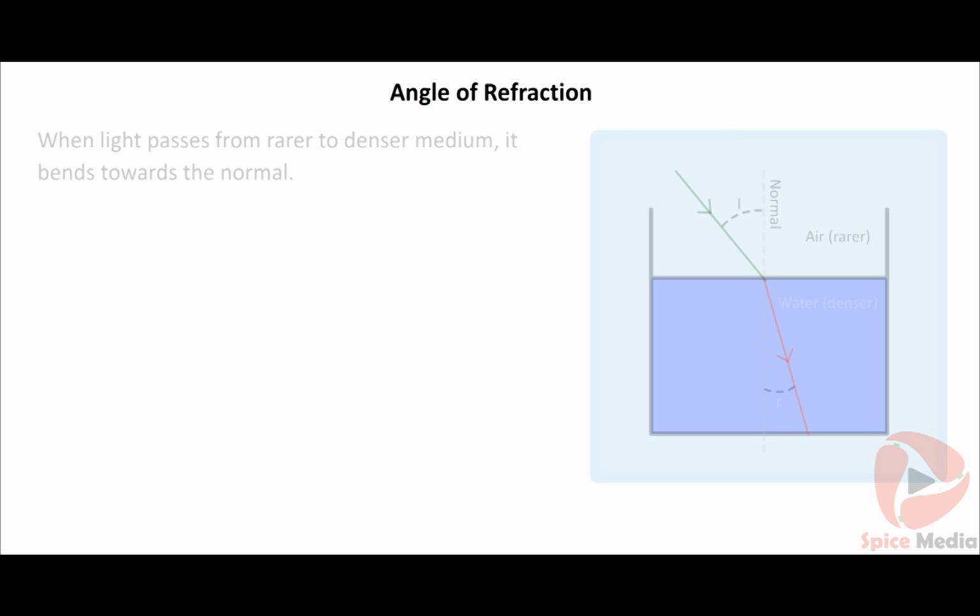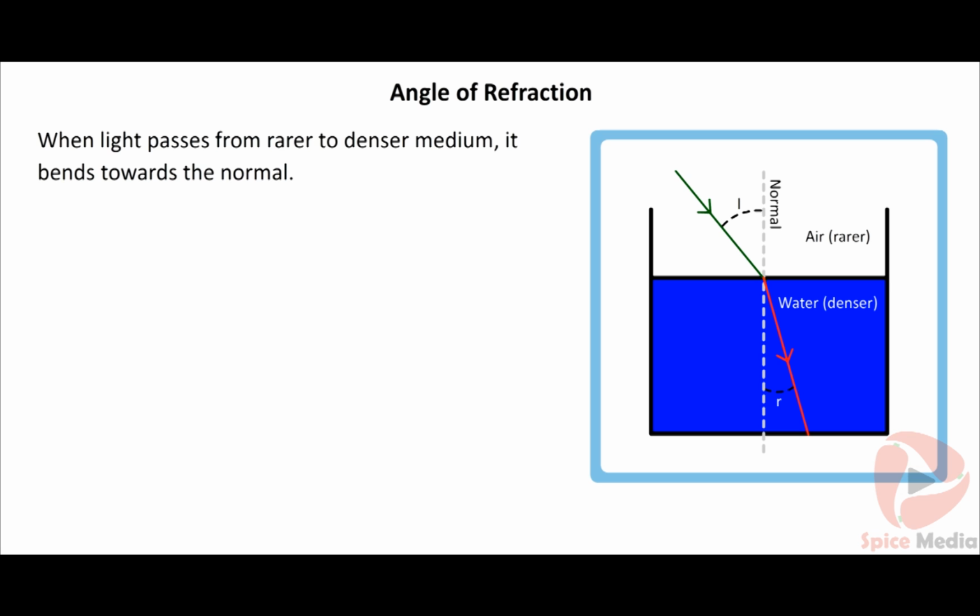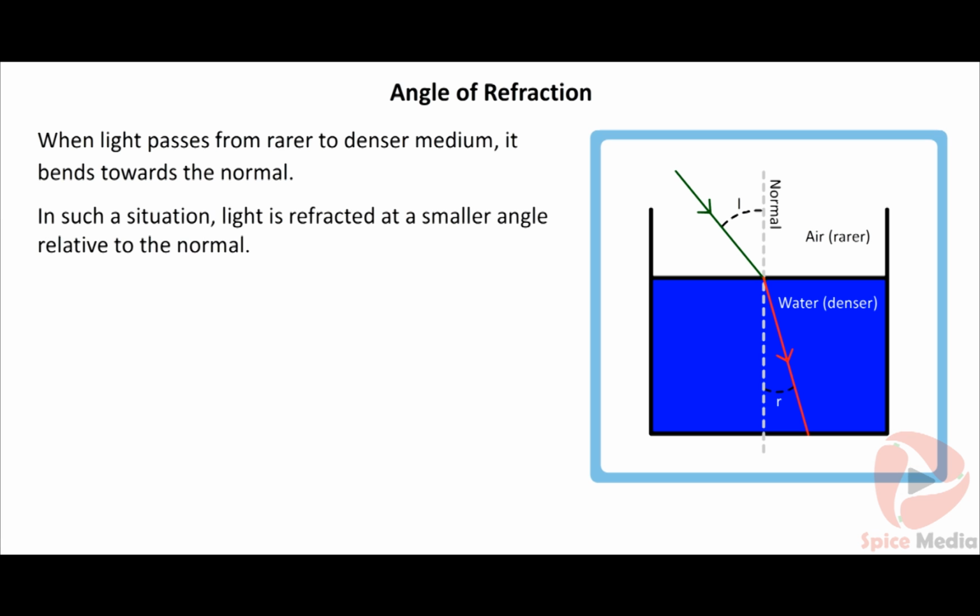Now we will discuss the angle of refraction. We have learnt when light passes from a rarer medium to a denser medium, it bends. The angle of refraction is measured with reference to the normal line. Remember, the normal line is the imaginary line drawn perpendicular to the surface of separation of two media.